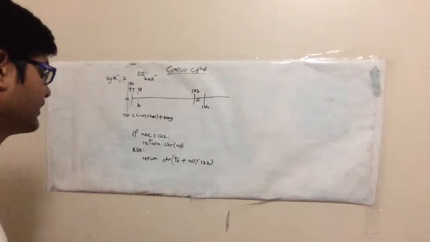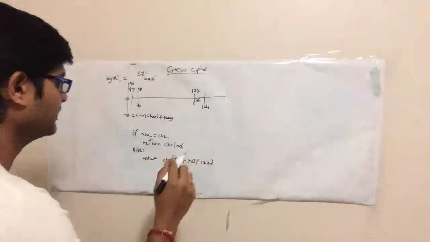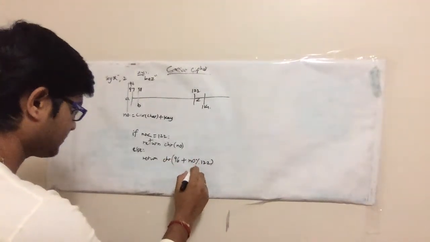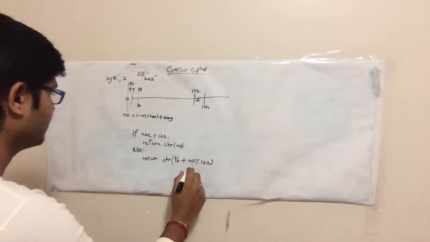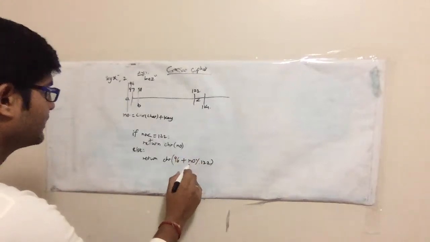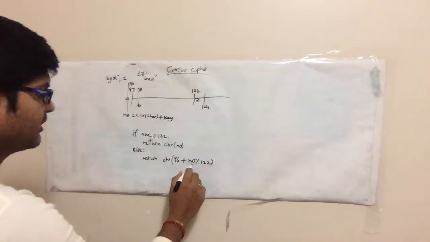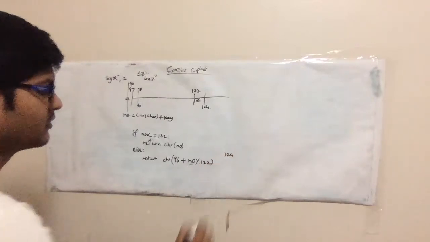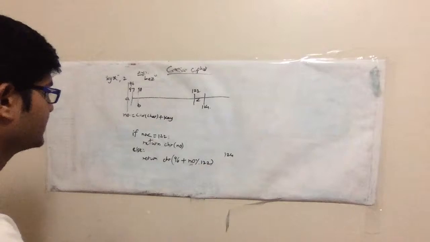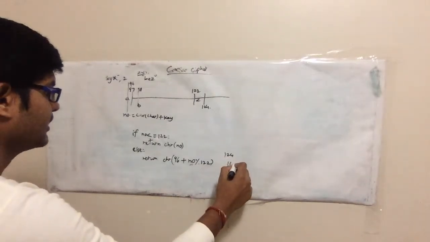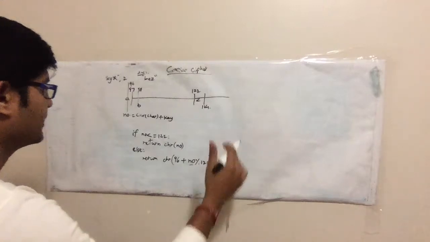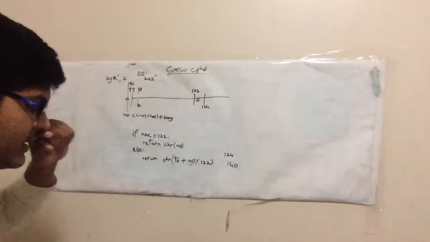But there is one more edge case here. Say we got a large number. Currently we got 124, but sometimes we might get 140 or something, I'm just randomly assuming.